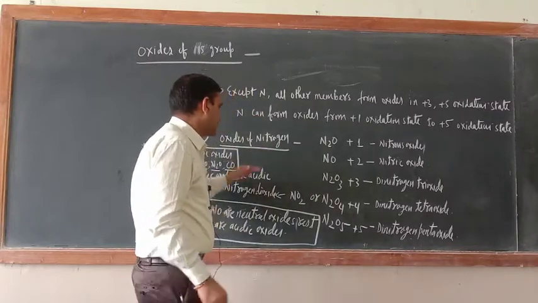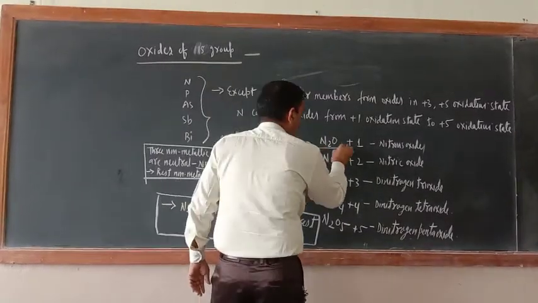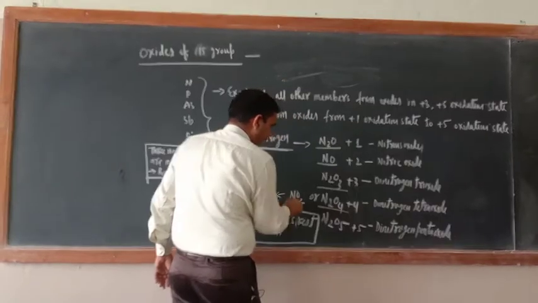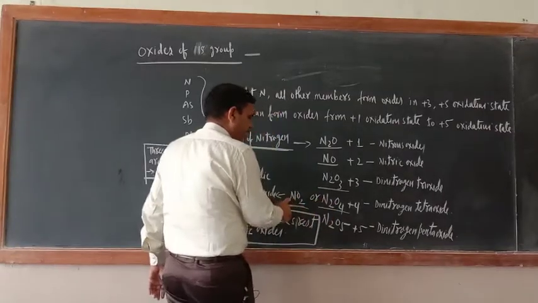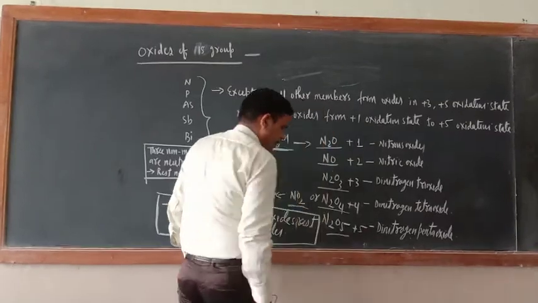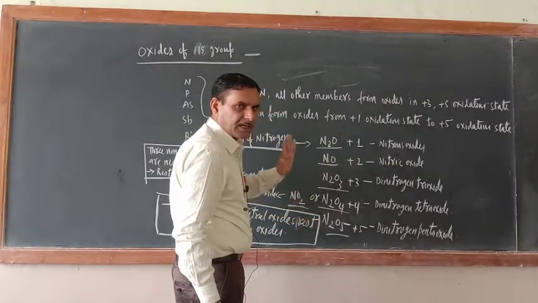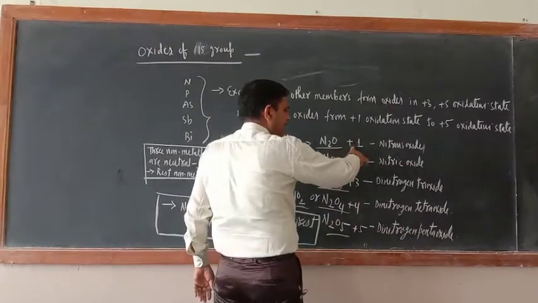What are those oxides? Just see the oxides of nitrogen. N2O, NO, N2O3, N2O4 or NO2, and N2O5. N2O4 is the dimer of NO2. So total how many types of oxides are there? As far as nitrogen is concerned, 5 types of oxide. What is their oxidation state?